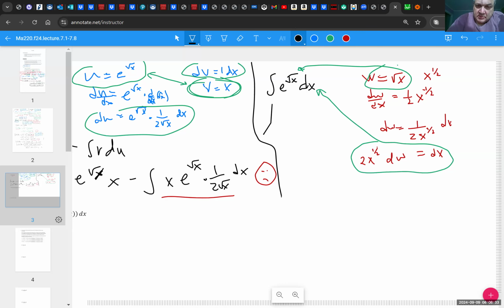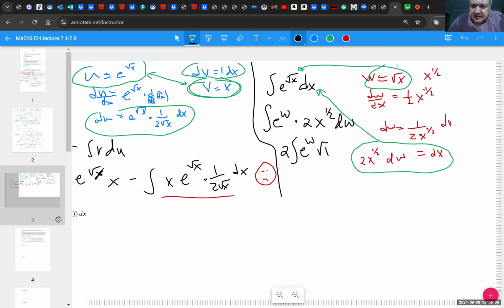So e to the square root of x is e to the w, and dx is going to be 2 x to the 1/2 dw. I'm going to take the 2 outside because it's just a constant being multiplied. And I have e to the w times the square root of x, or x to the 1/2, whichever you prefer, times dw.